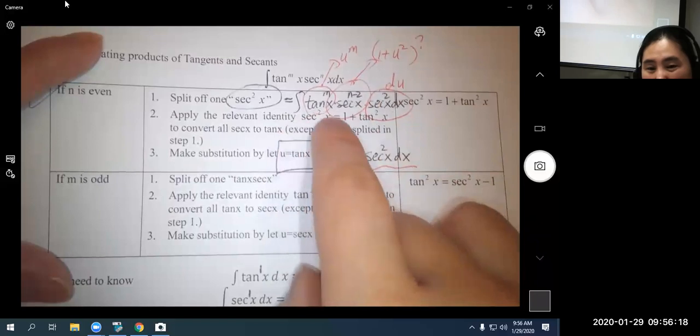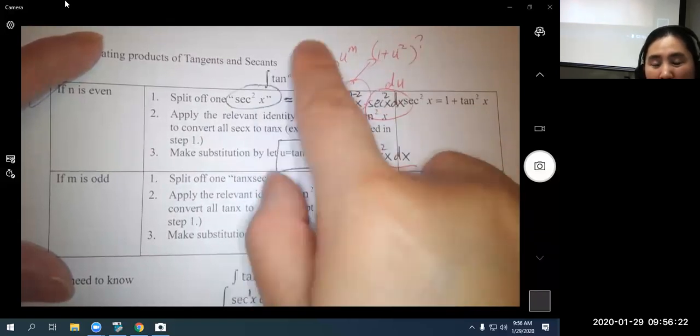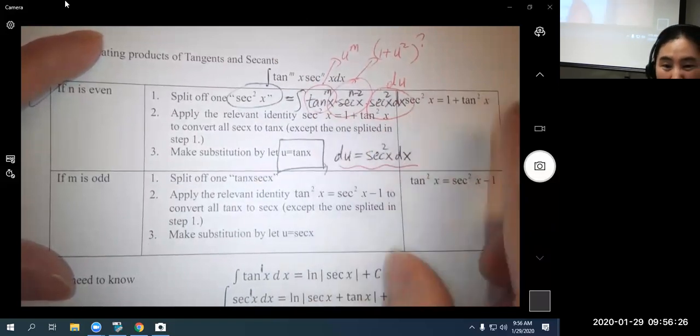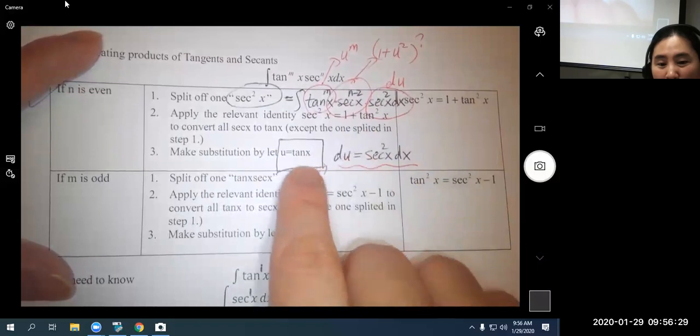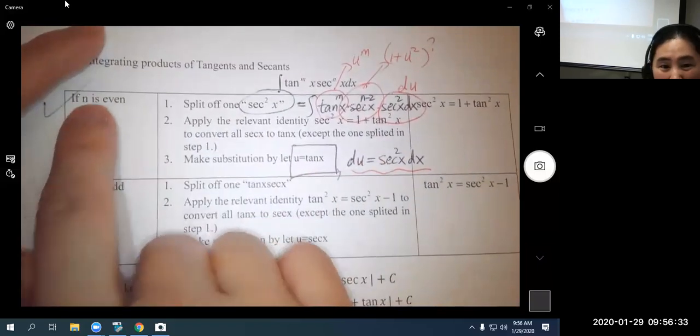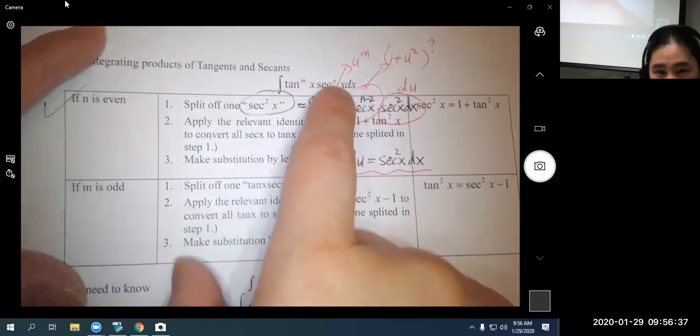Then everything is in terms of u, so it becomes an integral in terms of u. We finish the integral and substitute u back by tangent of x. So this is when the power of secant is even.